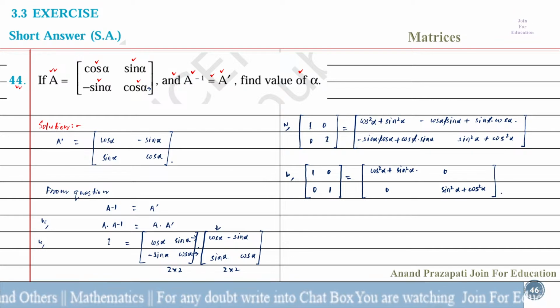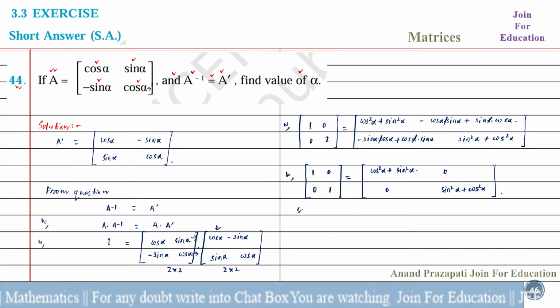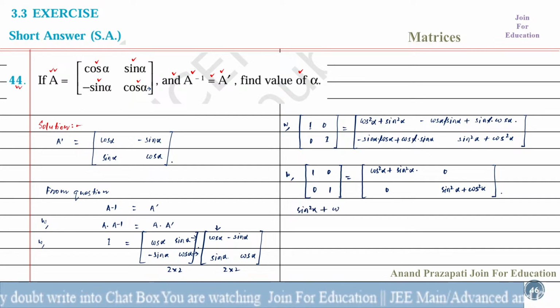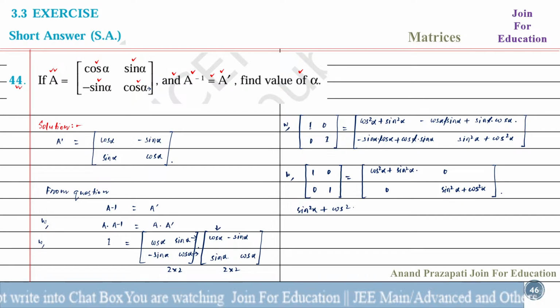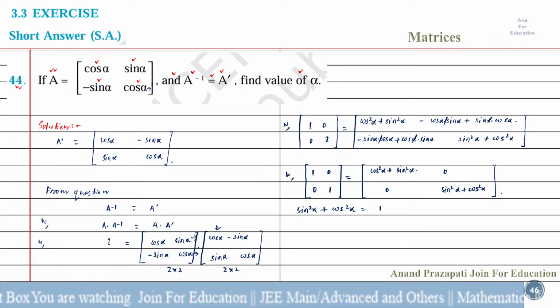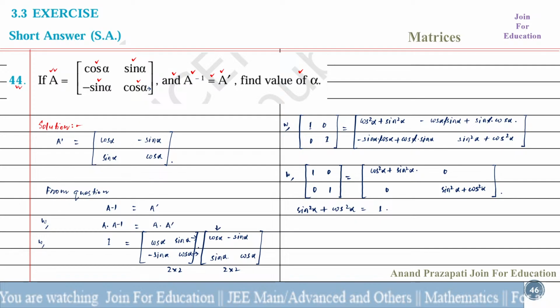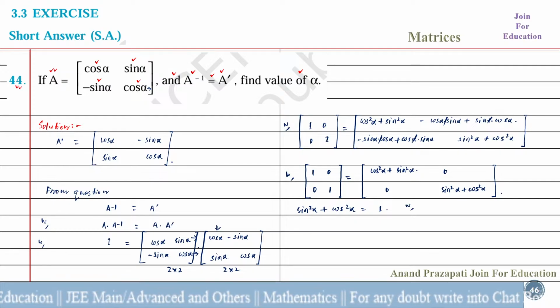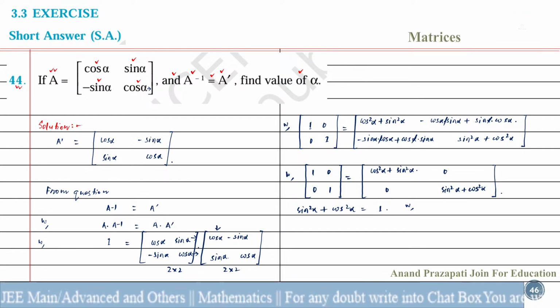Now equating, then we get here sin square alpha plus cos square alpha equal to what? 1. So here will be cos square alpha equal to 1 minus sin square alpha.